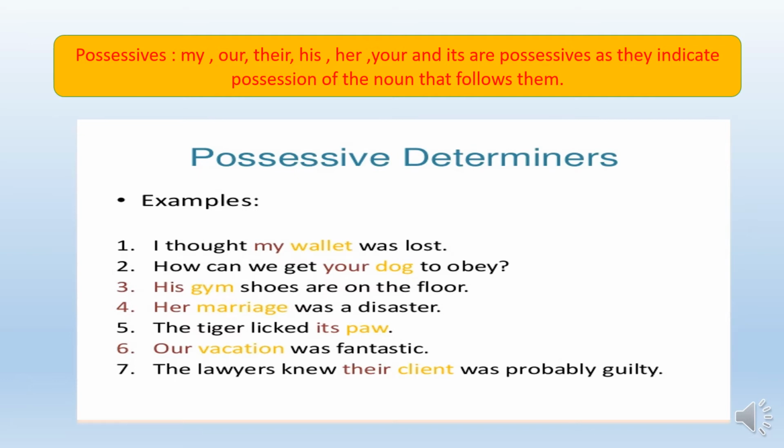The lawyers knew their client was probably guilty. Here the noun is client and before the noun we can see the possessive their. So always remember, possessives show possession, ownership. My, their, his, your, its, our are all possessive determiners, and determiners are always placed before the noun.